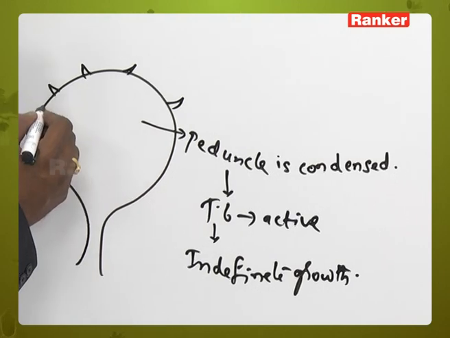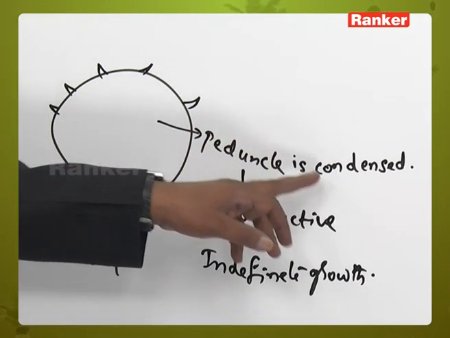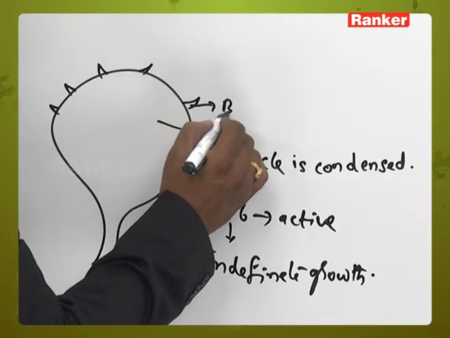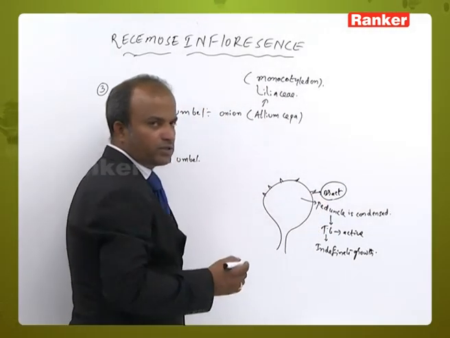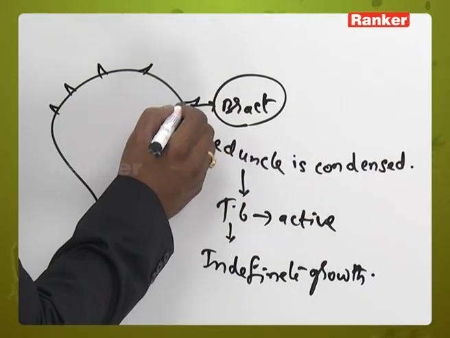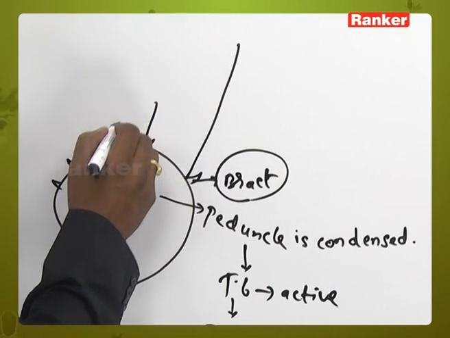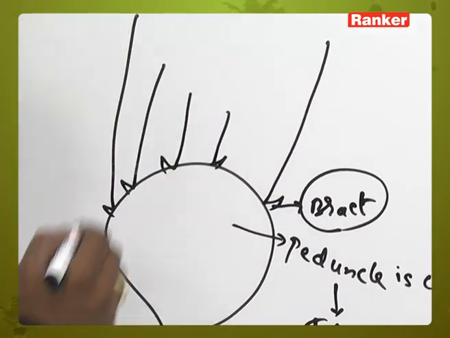On the apex of the condensed peduncle, numerous bracteate, that is, it shows bracts, that's why it is called bracteate, and it shows pedicellate flowers.